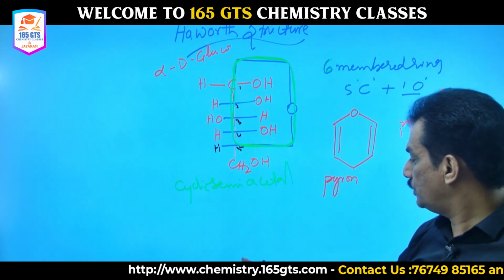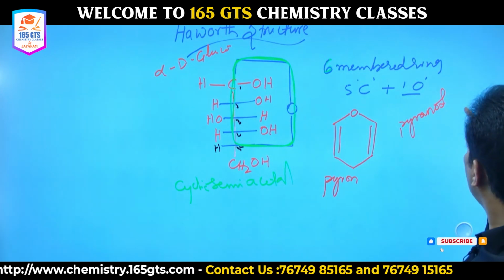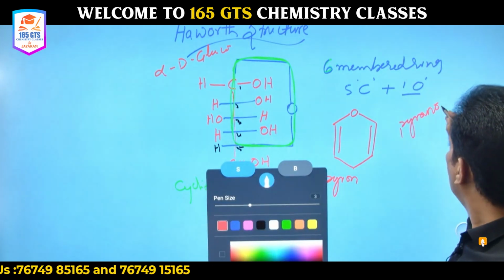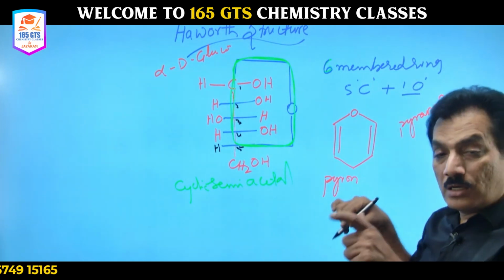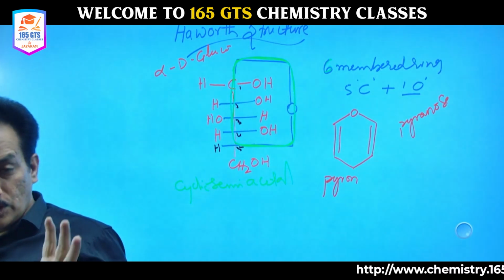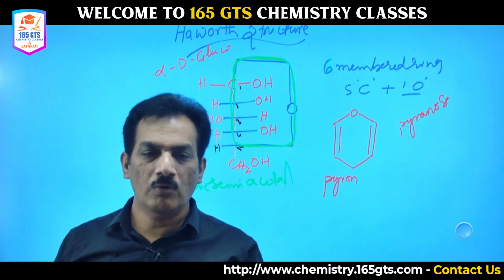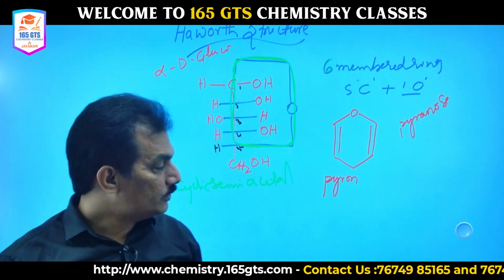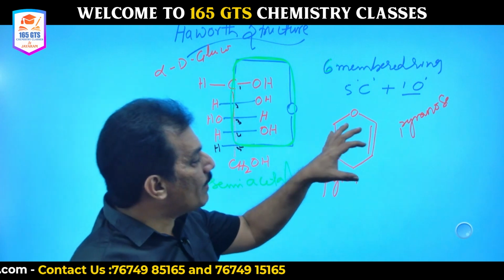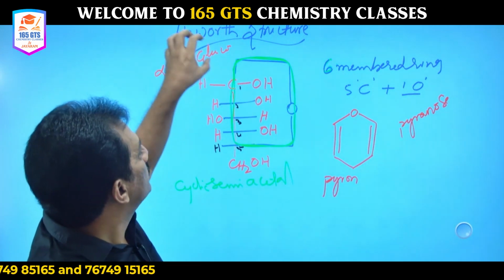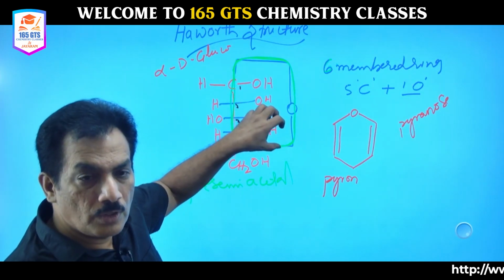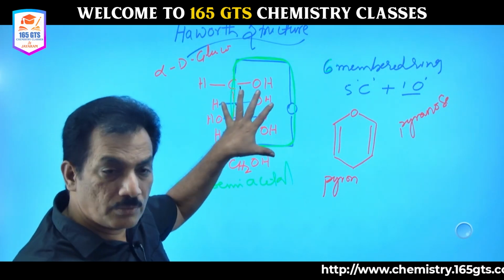It is called pyranose because it is very similar to pyran, with a 6-membered ring of 5 carbons and 1 oxygen. That's why the glucose structure is pyranose. And in this pyranose structure, the Haworth projection is trying to give the positions of the OH groups. You know what structure is represented here?